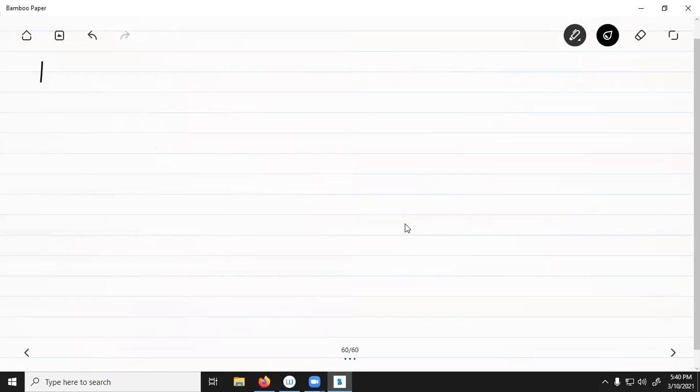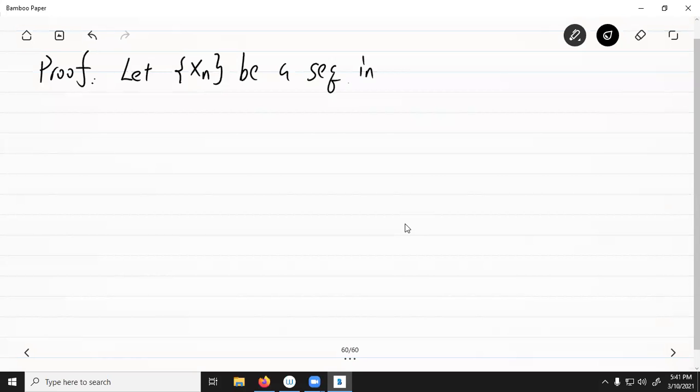So let's look at the proof. Since using the sequence to prove is quite easy, we just say, okay, proof. We need to consider a very general case. So let a very general sequence xn be a sequence in D that converges to x0.